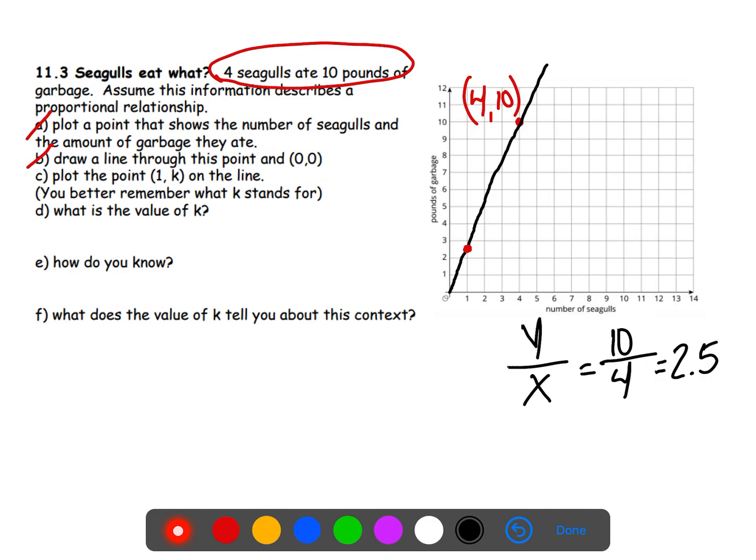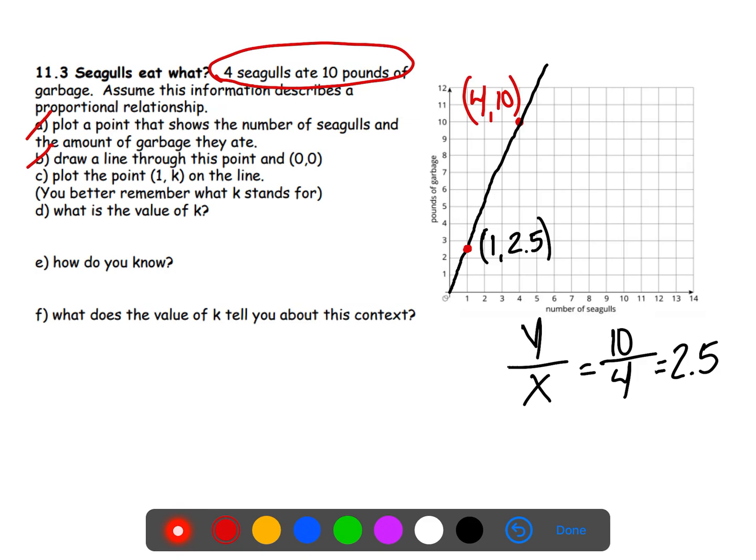So right there, I've just identified that one seagull eats 2.5 pounds of garbage. This is my constant of proportionality, my k value, and that is my first point here on the graph. That's my unit rate. All right, so we just described part D as well.